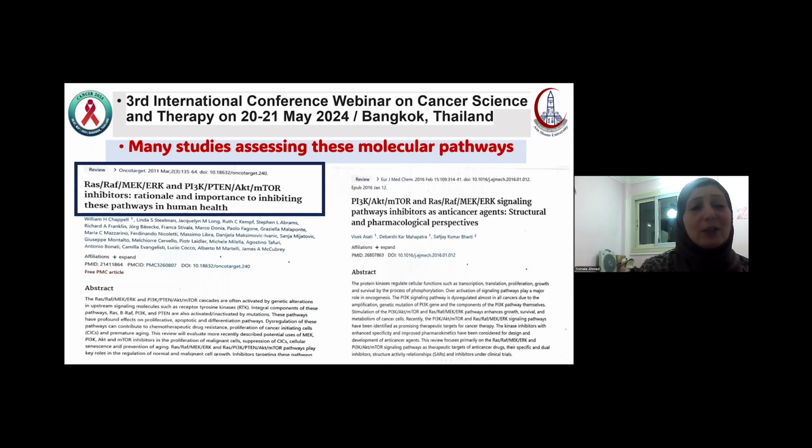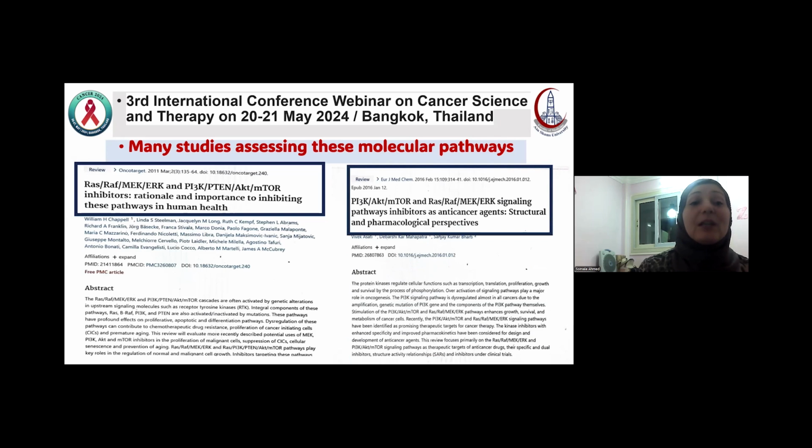Why do we study the molecular pathway? We want to know the exact molecular mutation that happens in different cancers to use for targeted therapy. And once we discover any molecule mutated in any cancer cell, the researchers find an inhibitor of this molecule that can be used in targeted therapy.